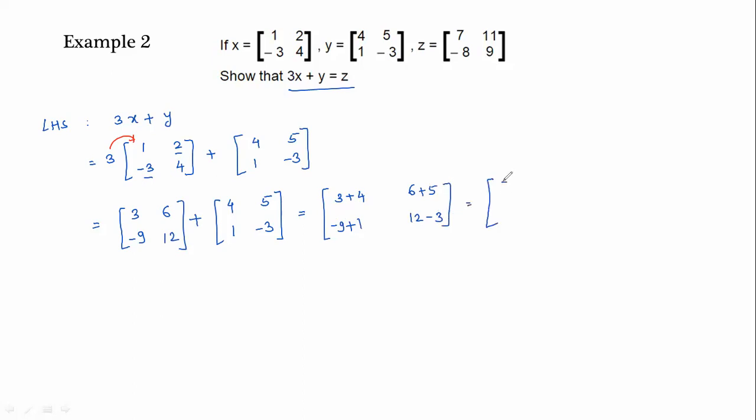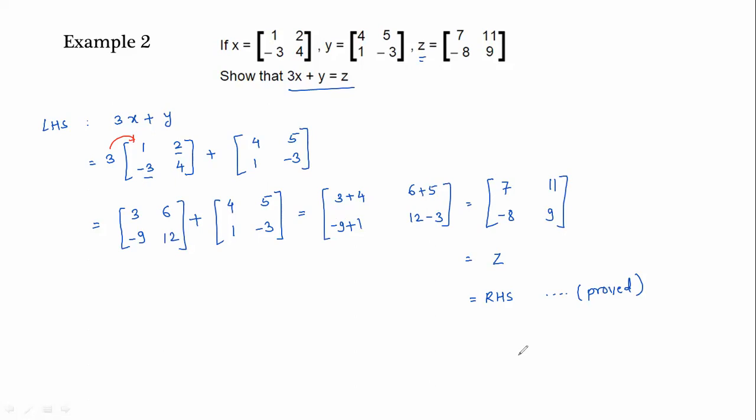It will be 7, 11, minus 8, 9. This is same as matrix Z, which is nothing but your RHS. Hence we have proved the given. Very simple example. Just write all the steps properly and you are going to get full marks.